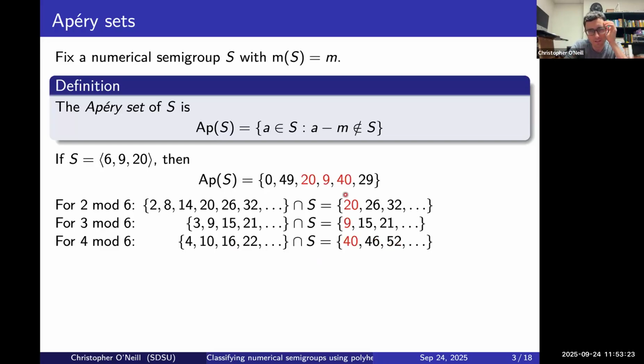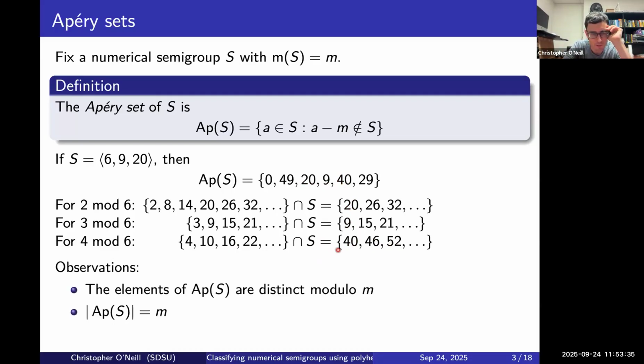So effectively, the Apéry set is recording within each mod class when you go from being outside the semigroup to being inside the semigroup. Just to record those observations, there are always exactly m elements in the Apéry set, and each one is in a distinct equivalence class mod m.